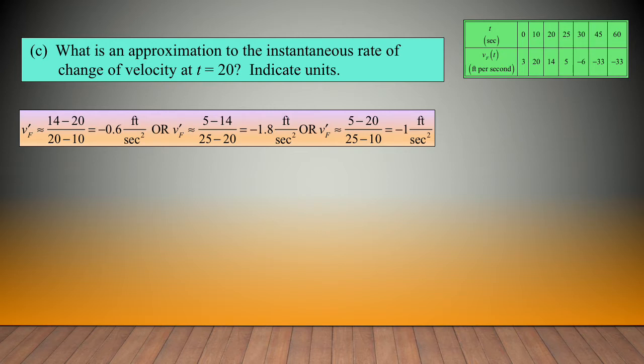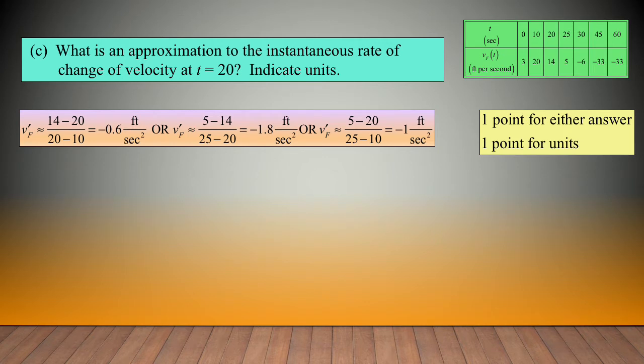Or v of 25 minus v of 10 over 25 minus 10, which is 5 minus 20 over 25 minus 10, which is negative 1 feet per second squared. Any one of these answers is okay.